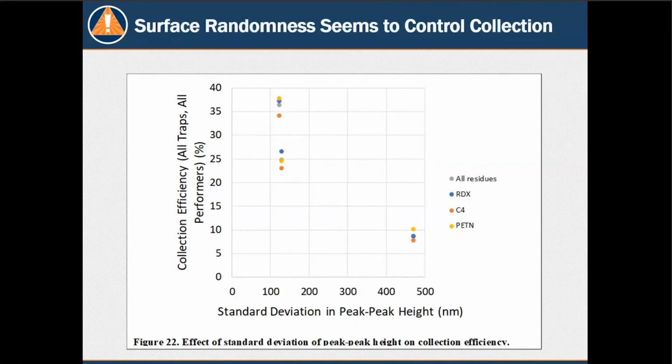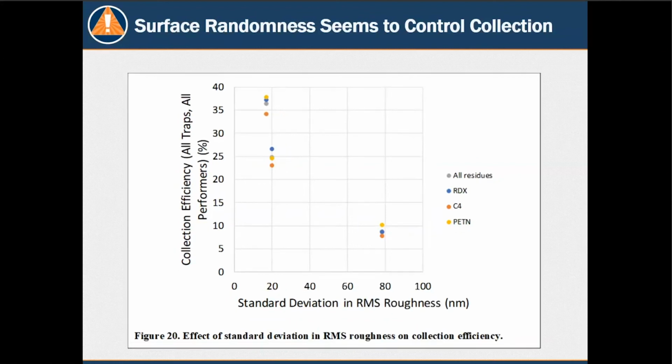And so the way that I describe this is, imagine, I hope that all of you have been in a place where it has snowed. So imagine that you're snow plowing the parking lot. The standard deviation in the peak to peak height or the standard deviation in the RMS roughness really is all about the roughness of that parking lot and the randomness of the size of the holes in that parking lot.